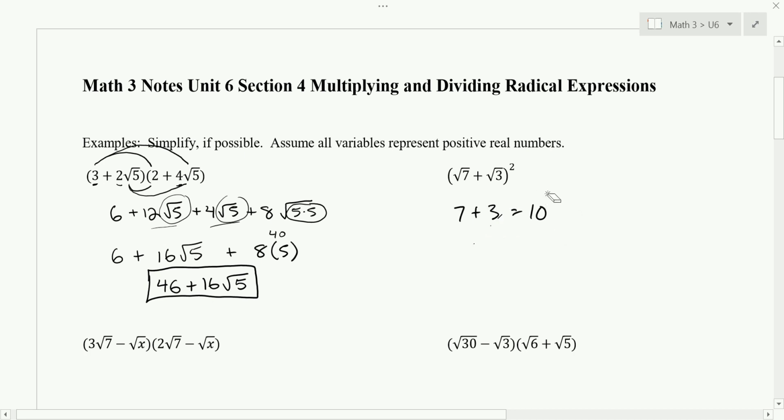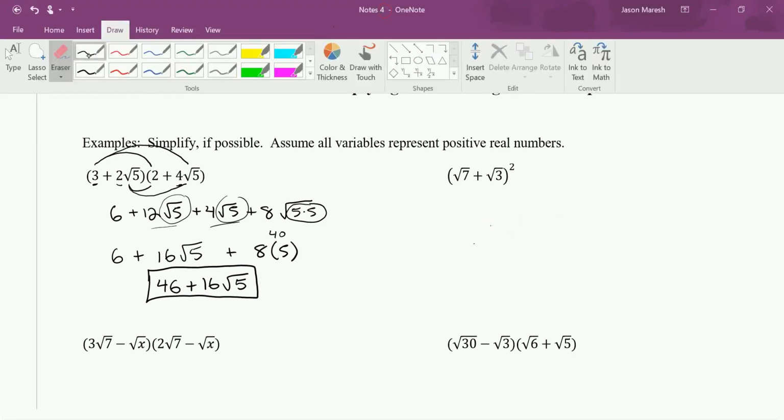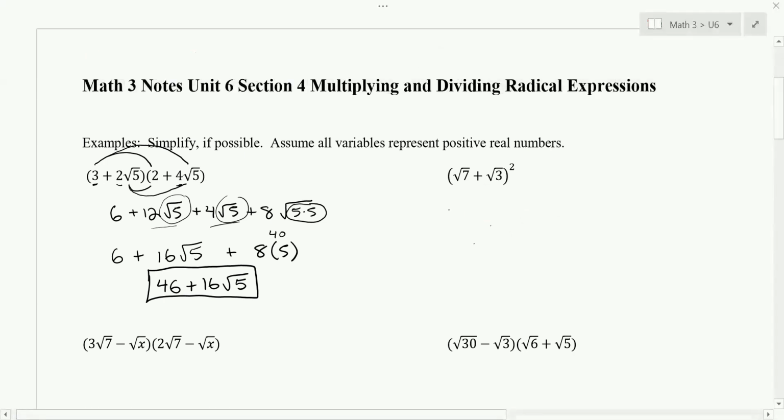Okay, what is it? When you have more than one term in parentheses squared, you need to rewrite it as what? You write it as 2 of them, sure. Squared means you're multiplying it with itself. So this means the square root of 7 plus square root of 3 times another square root of 7 plus the square root of 3.